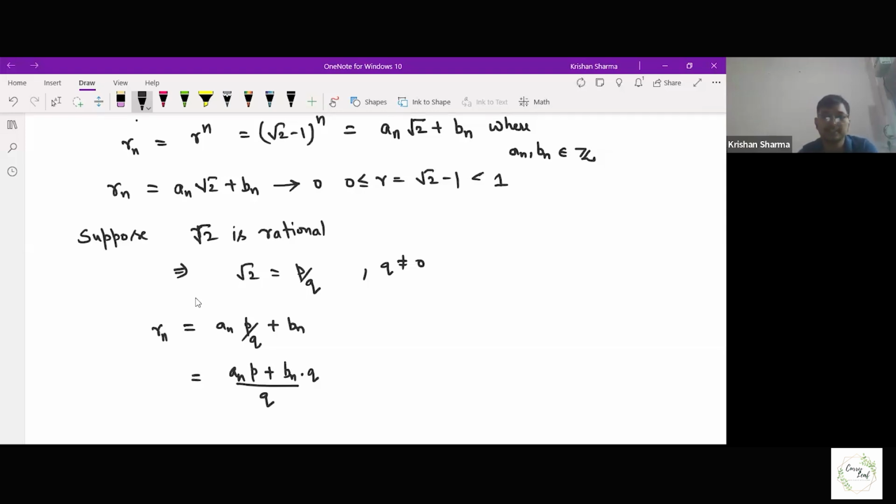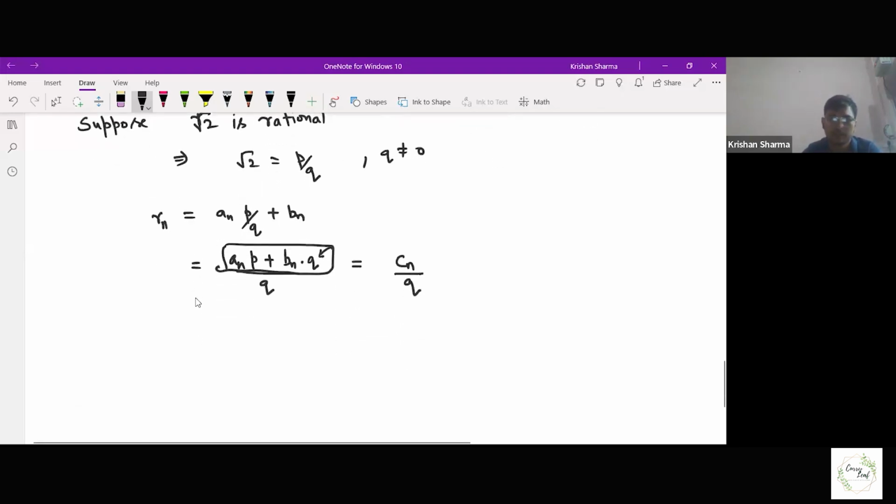Now an is an integer, p is an integer, bn is an integer, q is an integer. They are all integers. So basically that is equal to cn upon q. So Rn is cn upon q, where cn belongs to the integers.